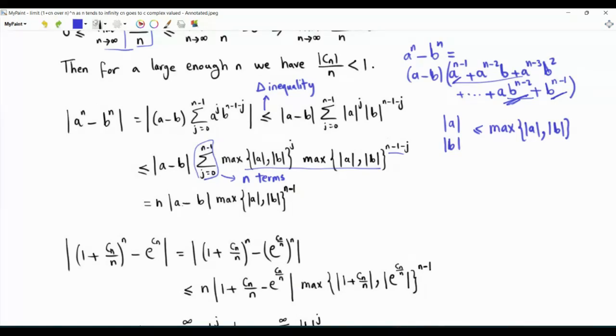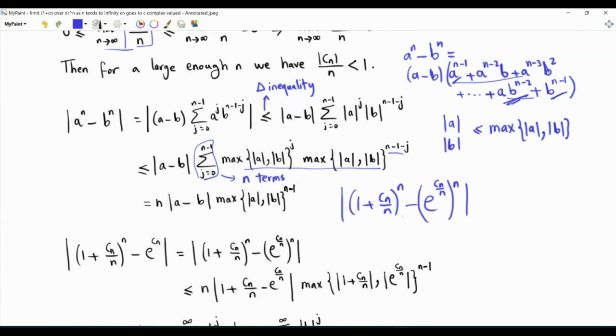We take this inequality and apply it to the magnitude of (1 plus Cn over n) all to the power n, minus e to the power Cn. And this e to the power Cn can be written as (e to the power Cn divided by n) all raised to the power n. So here this is a to the n minus b to the n.